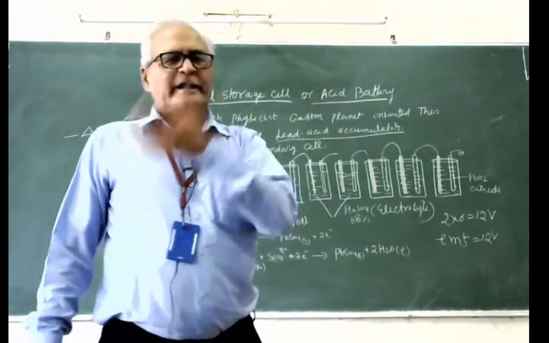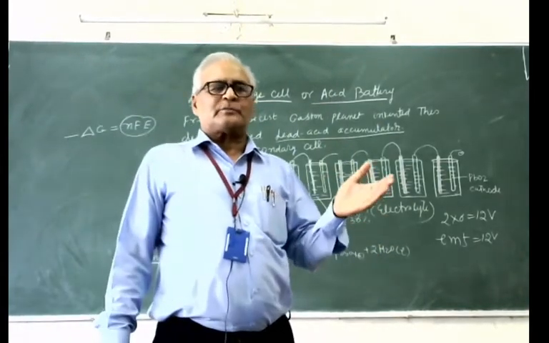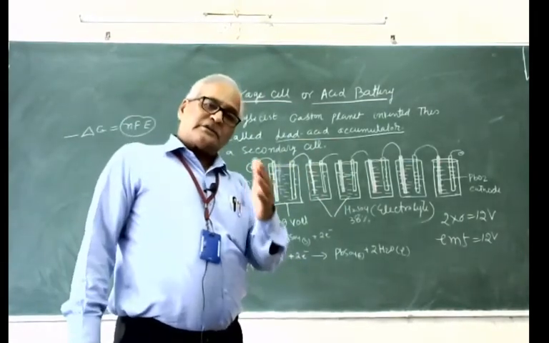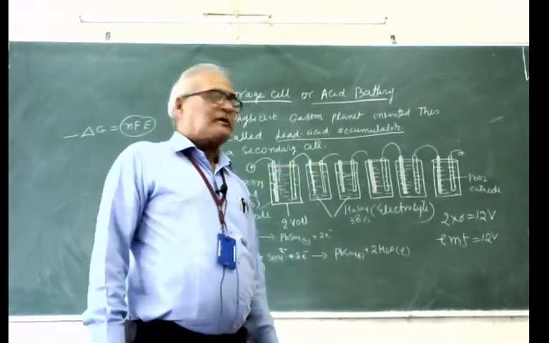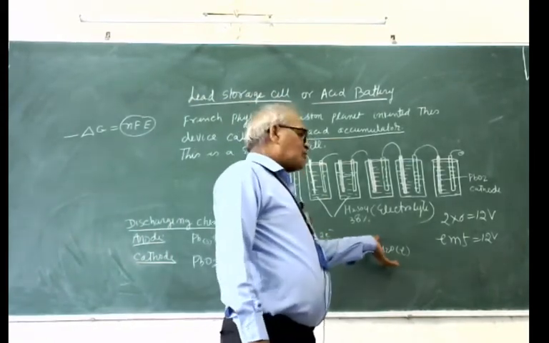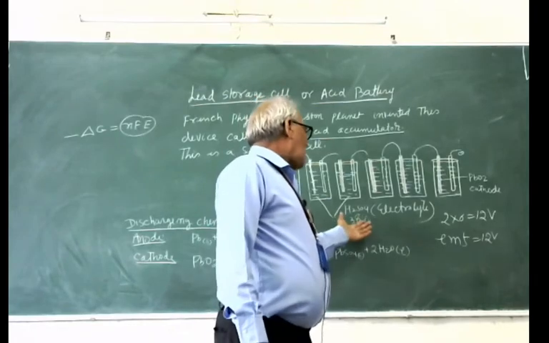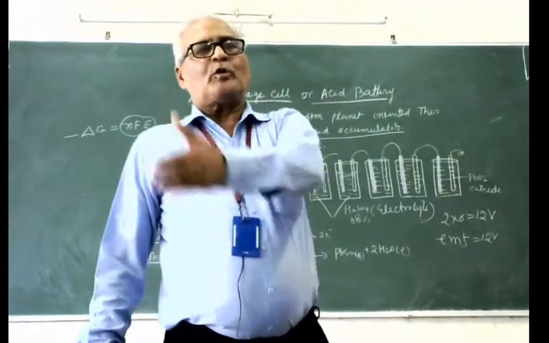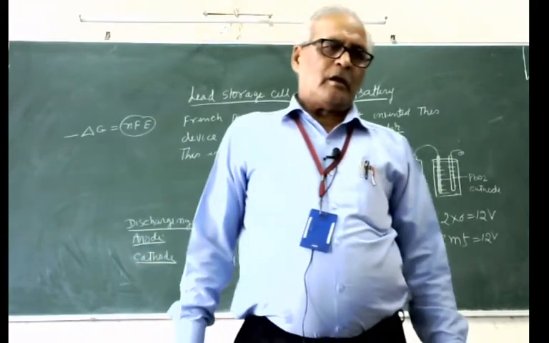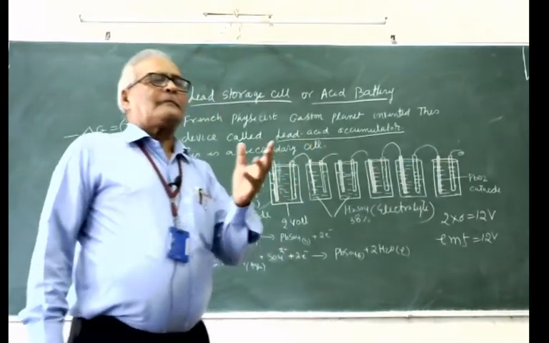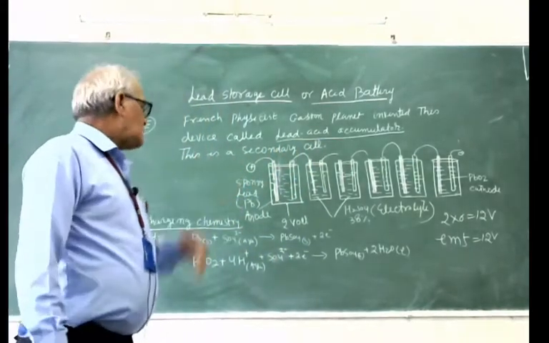When you draw current from the battery, the concentration of the sulfuric acid decreases. Why does it decrease? Because of the formation of water. Just see, water is formed. So the sulfuric acid becomes more and more diluted. In this way, this is the function of the battery.